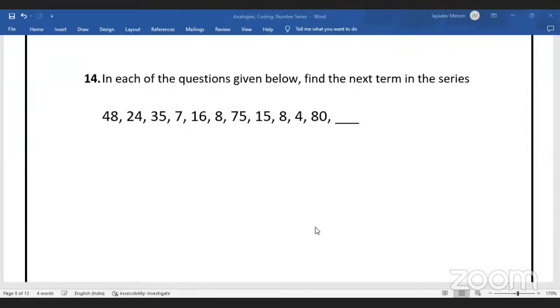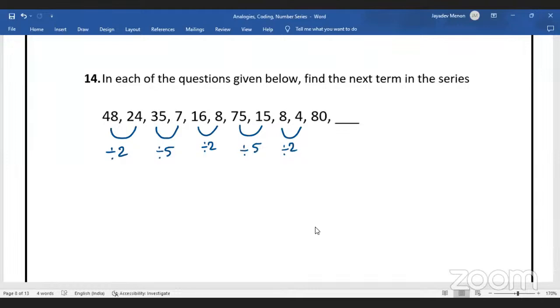So if you are looking, we can see that 48 divided by 2 gives 24. Now 35 divided by 5 is 7. 16 divided by 2 is 8. 75 divided by 5 is 15. 8 divided by 2 is 4.